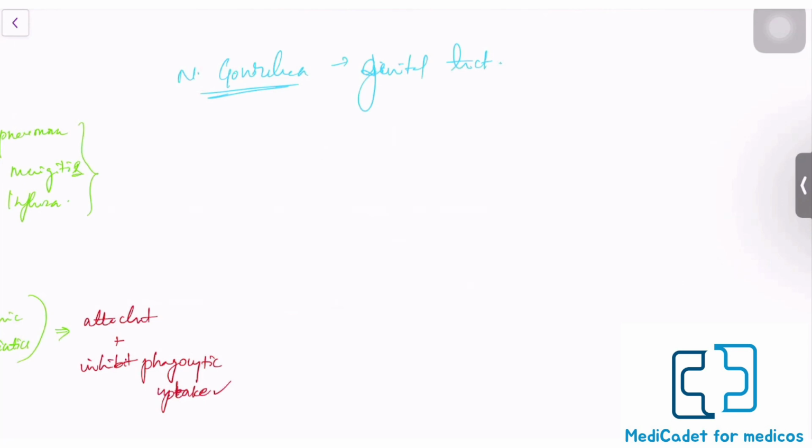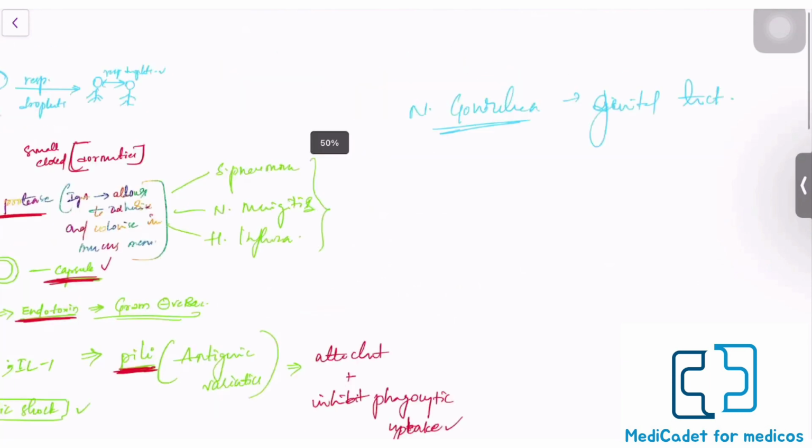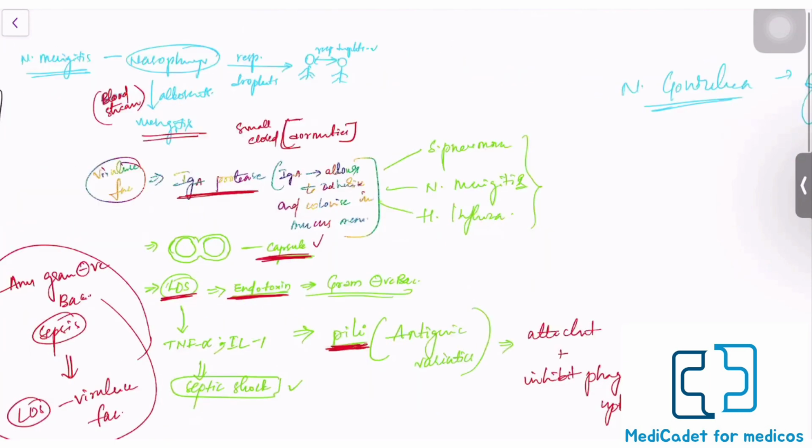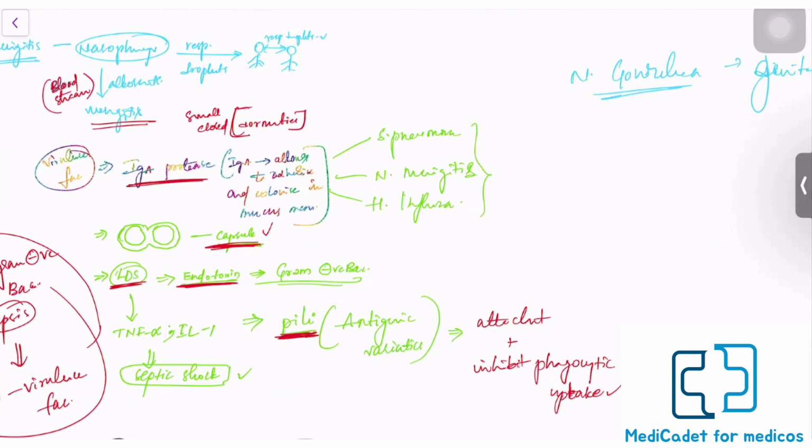Sorry, one more thing I should mention, to differentiate Neisseria meningitidis and gonorrhoeae. Generally, you don't need this in the clinical setting because the presentation is different and the area that it affects is different.